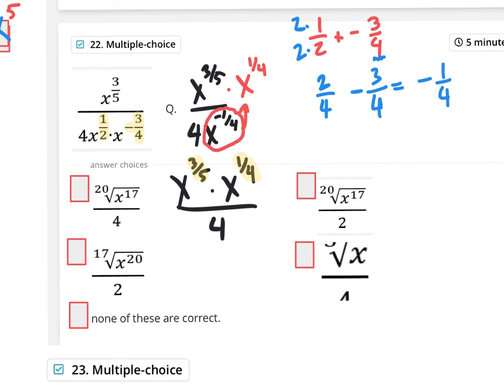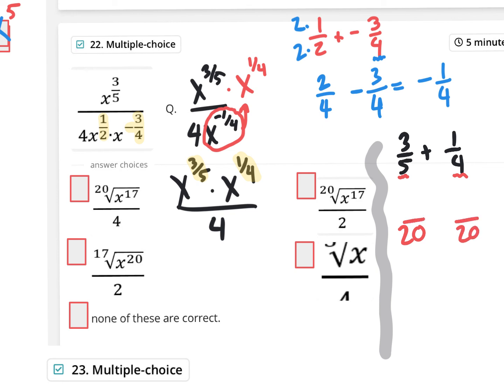Once again, let's do that on the side over here. We need a common denominator. The common denominator between 5 and 4 is 20. How do you change 5 to become 20? You multiply it by 4, and you'll get 12 up there. Plus, how do you change 4 to become 20? Multiply it by 5, and that'll become a 5 up there.